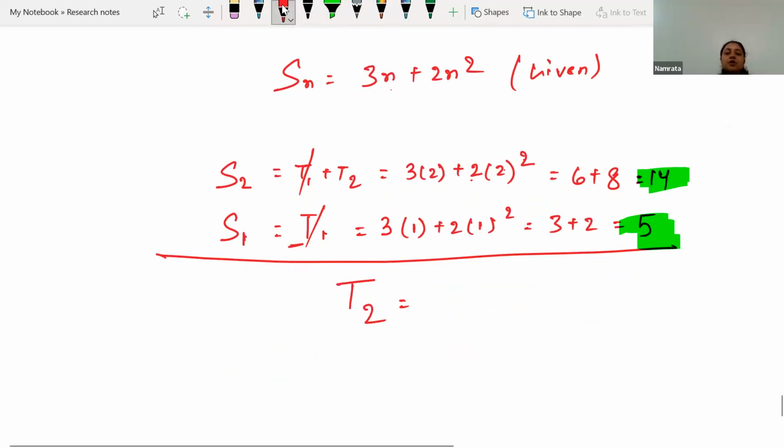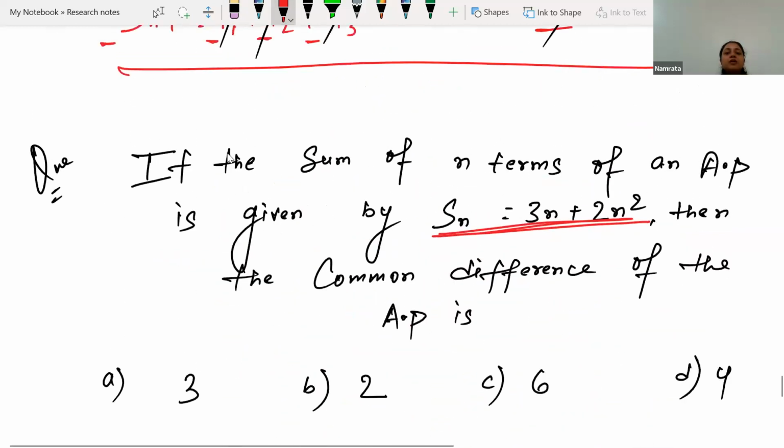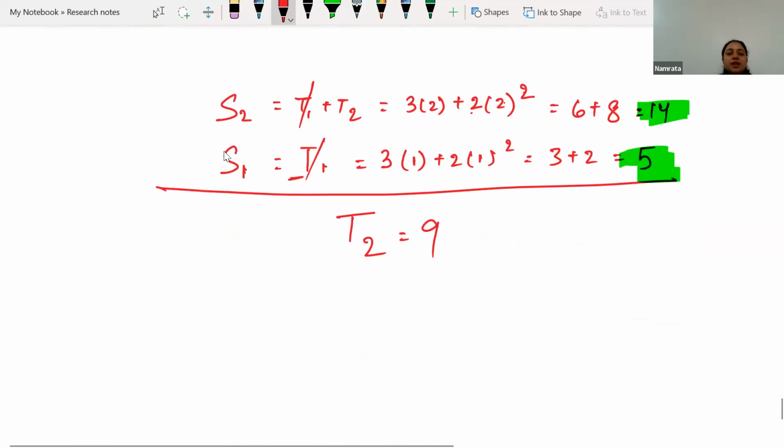We got 14 minus 5, that is 9, right? Yes, ma'am. T2 we got 9. What we have to find is the common difference. And T1, can you see, T1 is 5. So if T2 is 9 and T1 is 5, what is the common difference?